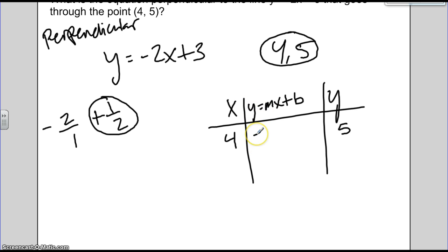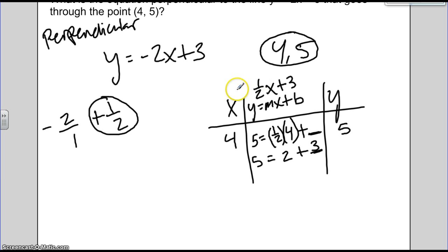So y is 5, my slope is 1/2, which I got right here, x is 4, plus some number. 1/2 times 4 is the same thing as 2, plus some number gave me 5, so that number right here is 3. That's 3 plus x times my slope, which is 1/2, y equals, this is my equation.